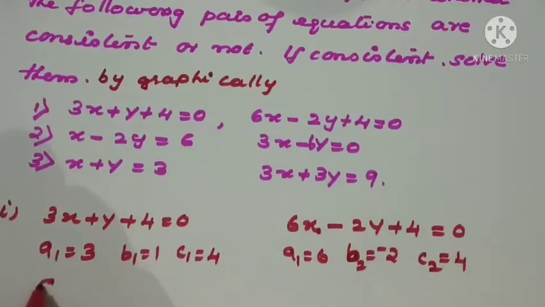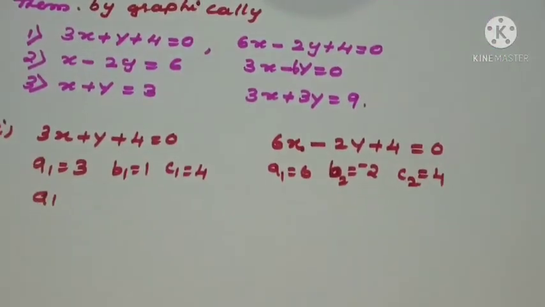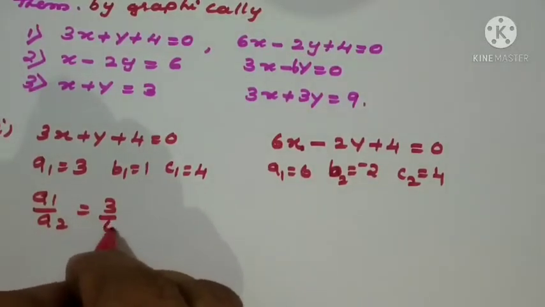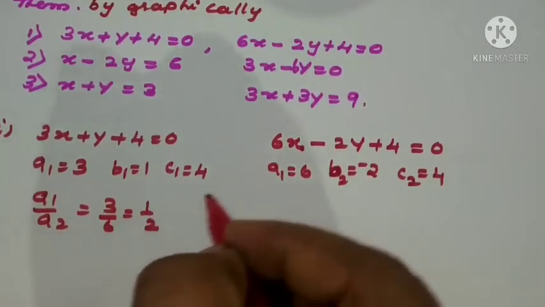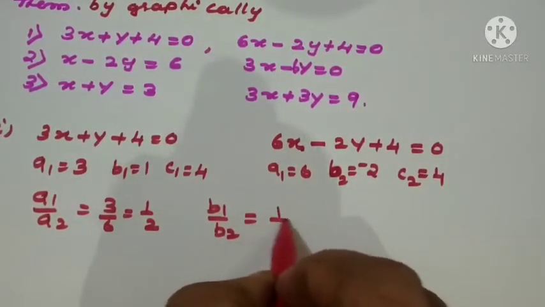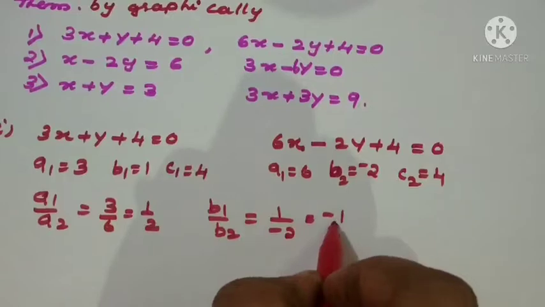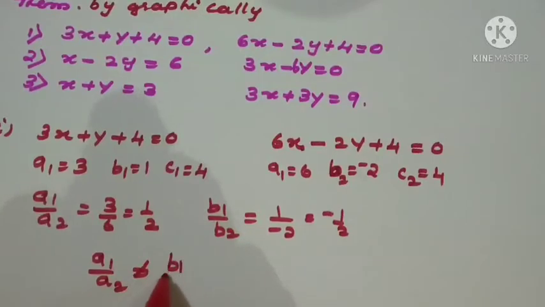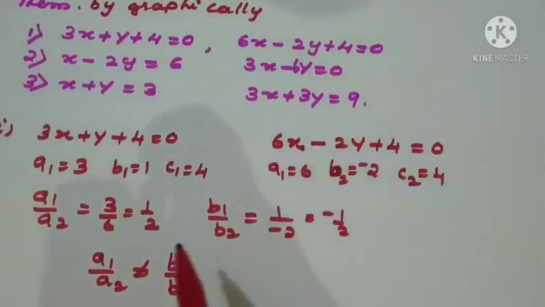Now a1 by a2 equal to 3 by 6 equal to 1 by 2. Again b1 by b2 equal to 1 by minus 2, that is minus 1 by 2. So now we got that a1 by a2 not equal to b1 by b2. So there is no need of checking c1 by c2.